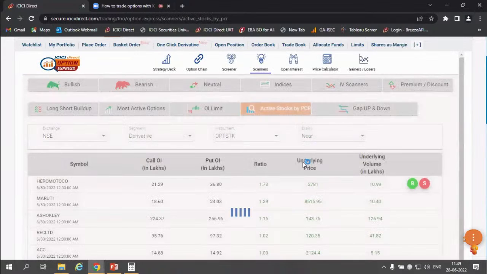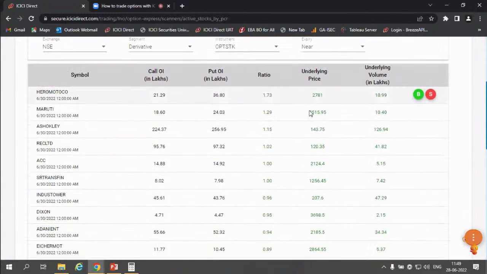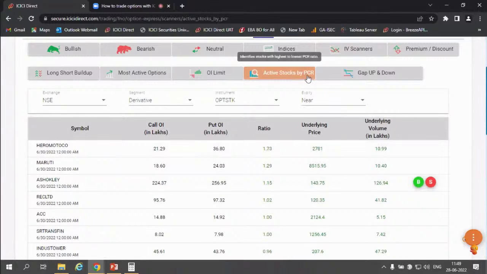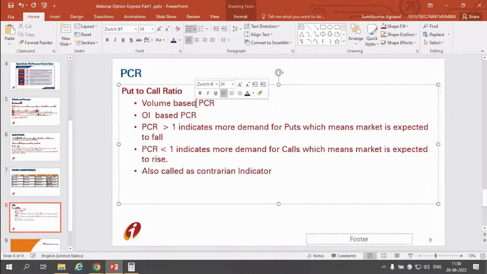Next is active stocks by PCR. PCR is nothing but put to call ratio. I think I have another slide on the put to call ratio as well. Put to call ratio can be either volume based or open interest based.